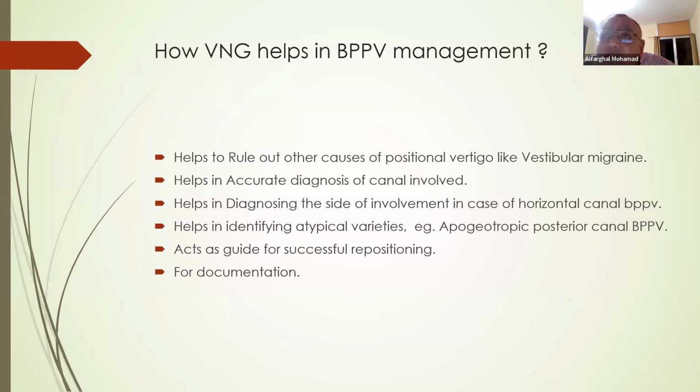We use habituation exercises, but for many years we haven't used the branded Brandt-Daroff. We use home exercises. Sometimes we use repeated head extension and sitting, because habituation is based on a very strong physiological background.